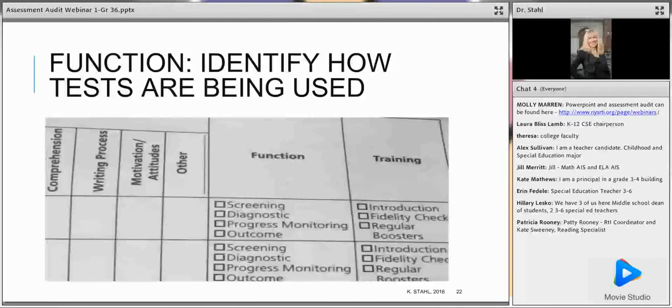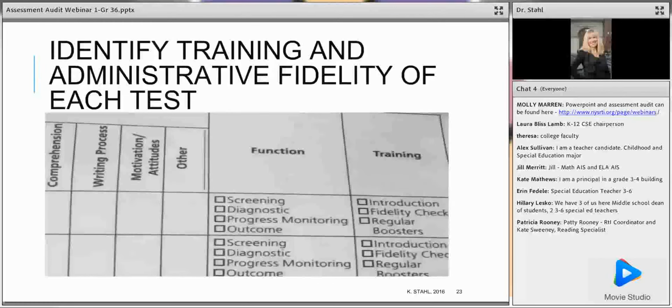And they can serve multiple purposes. In making a lean and efficient assessment system, we want tests that can serve more than one function. That's desirable.